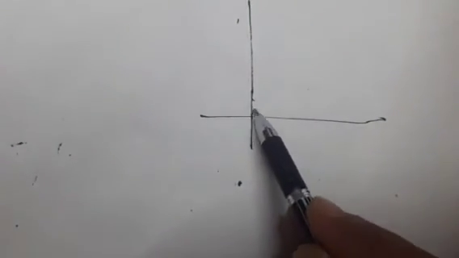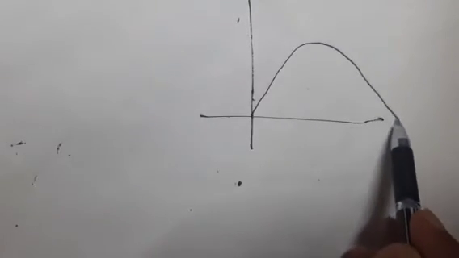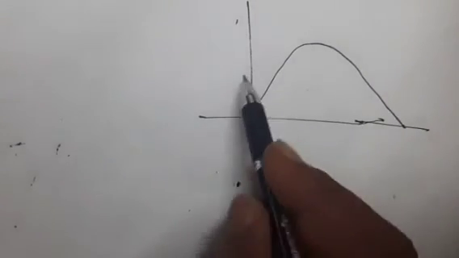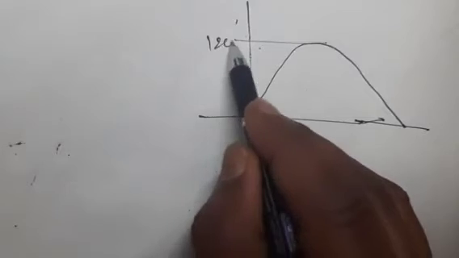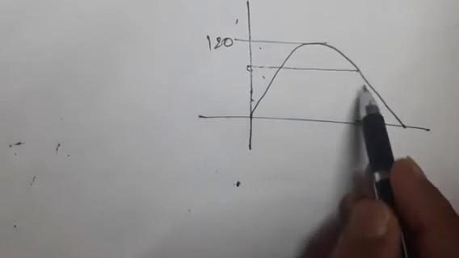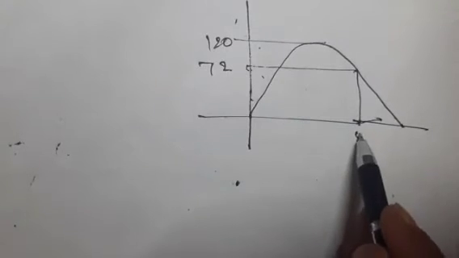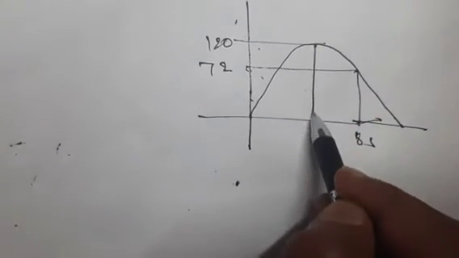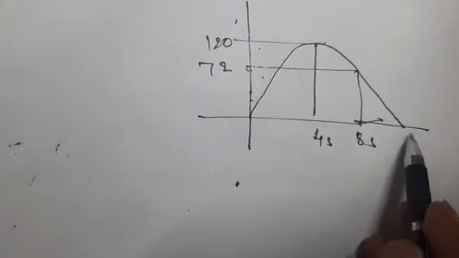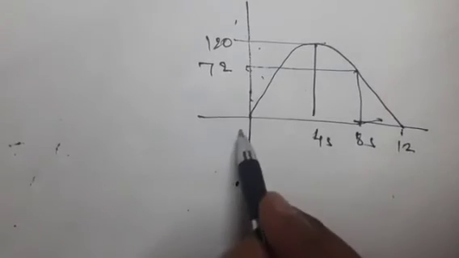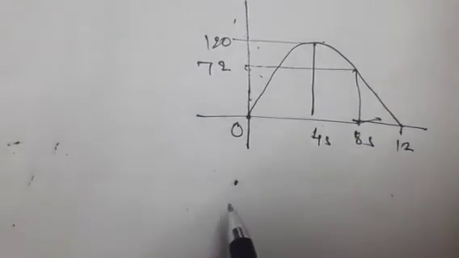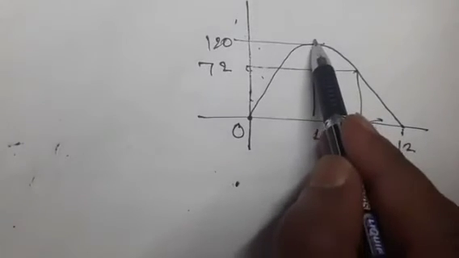In the given case, during this fall, you can easily observe 120 meter and 72 meter. This was 8 seconds. This was 4 seconds. This was 12 seconds. This was 0. Descent started from 4 seconds.